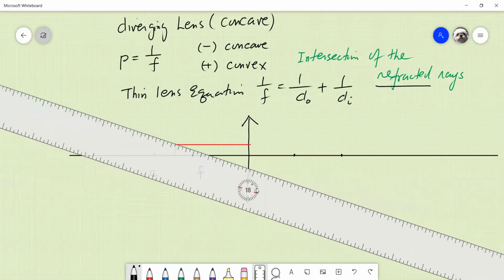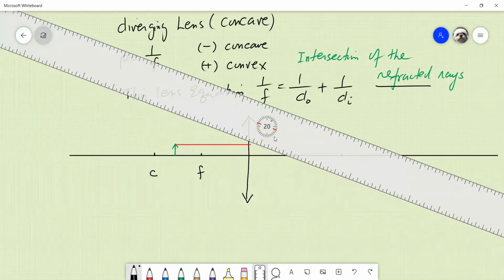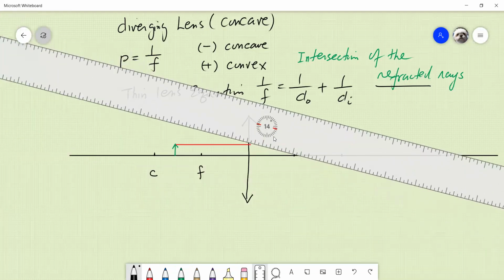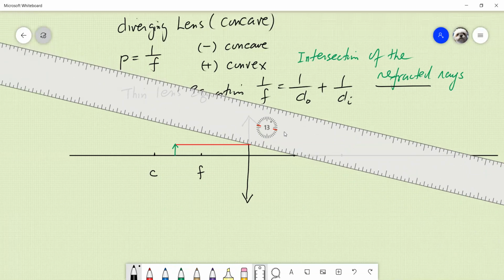So now remember that they're gonna refract, right? I have a convergent lens, right? Remember the convex lens? Yes. So therefore, the beam is gonna pass through the focal point here.